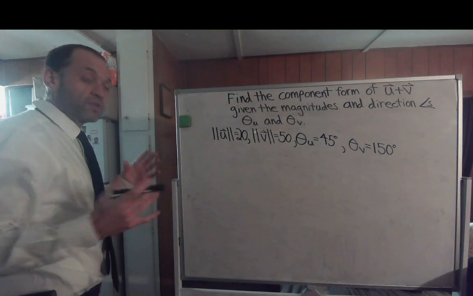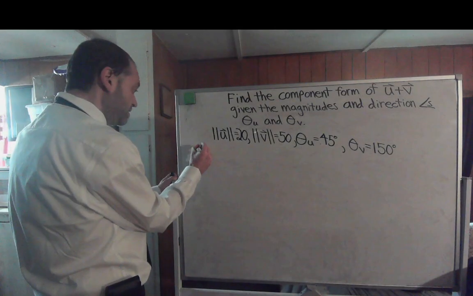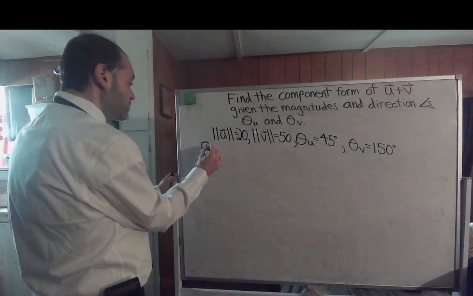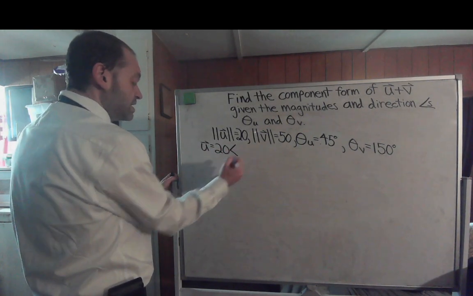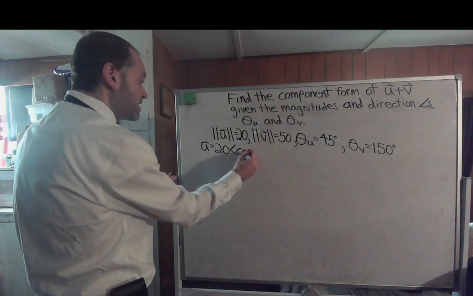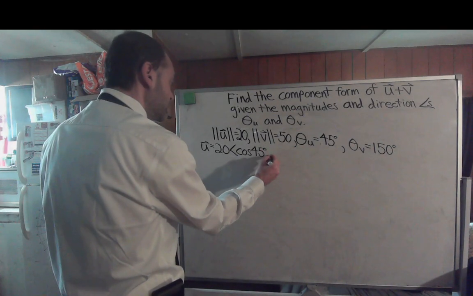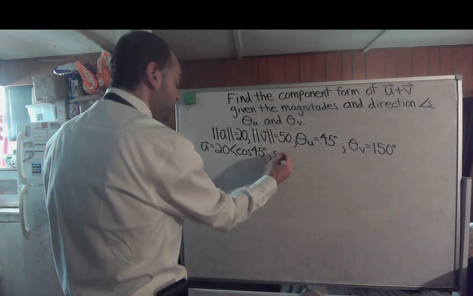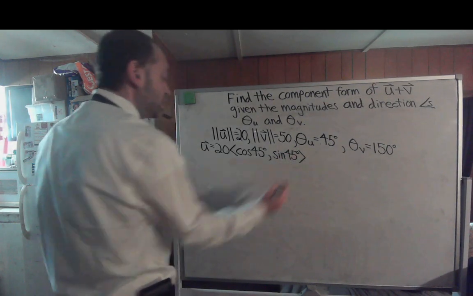Well, still, first thing we need to do is find each individual vector. So vector u is going to end up equaling that magnitude of 20 times the vector of the cosine of theta sub u, which is 45 degrees, and then the sine of 45 degrees.